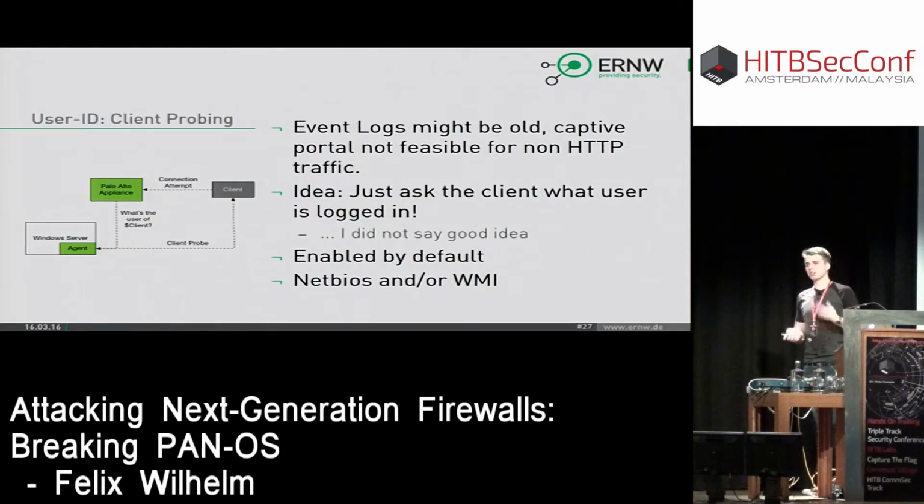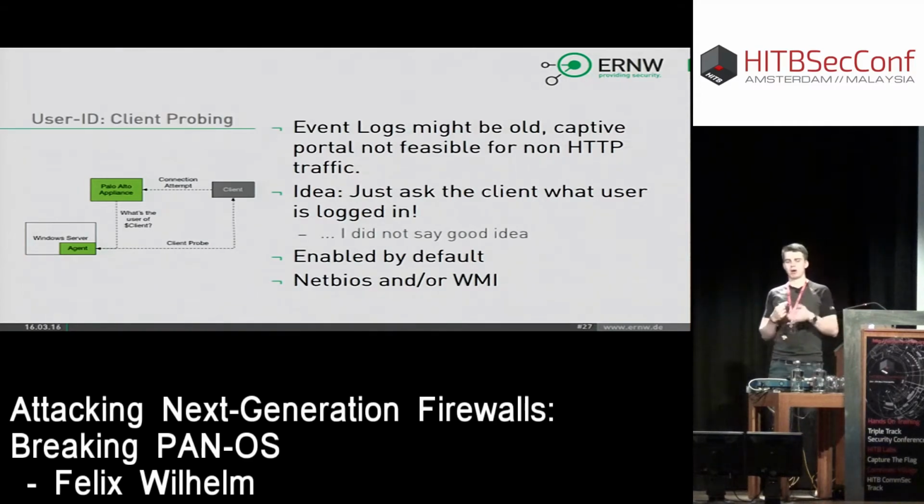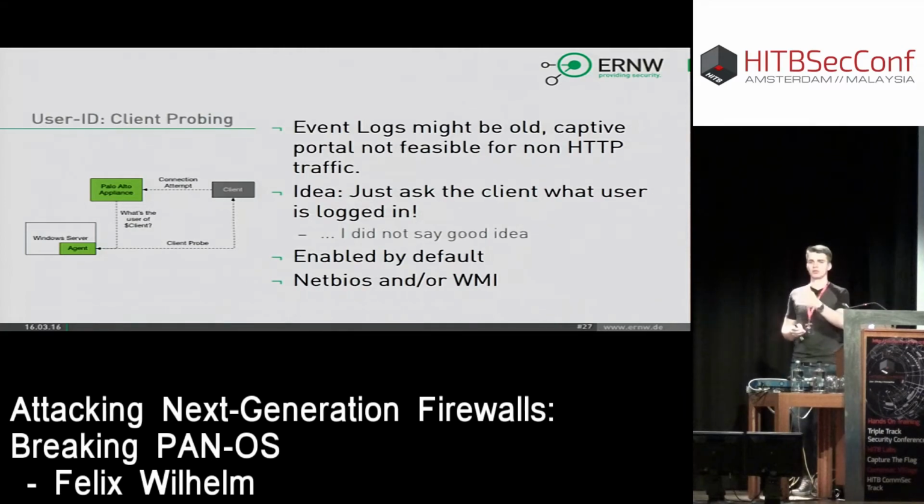And the captive portal is a nice approach, but it only works if you have HTTP traffic and a manual person doing the accesses. If it's some kind of automated server connection, then you can't use the captive portal. So what client probing does is you just ask the client, hey, what user is logged in?